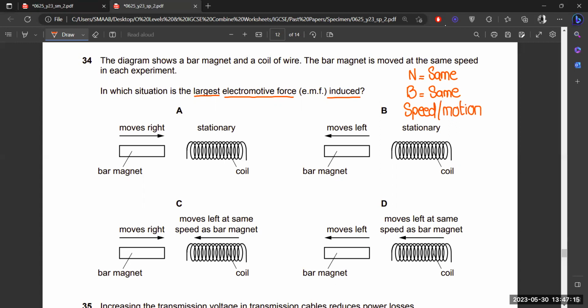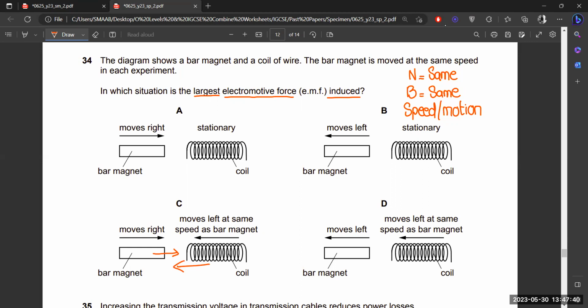In option A is the normal condition, because when the magnet moves towards the right, there will be some value of EMF. But in option B, the magnet is moving away, so there will be a lower value of EMF. In option C, both are moving in opposite directions. The magnet is moving towards the coil and the coil is also moving towards the magnet, so there will be contact between these two objects very quickly.